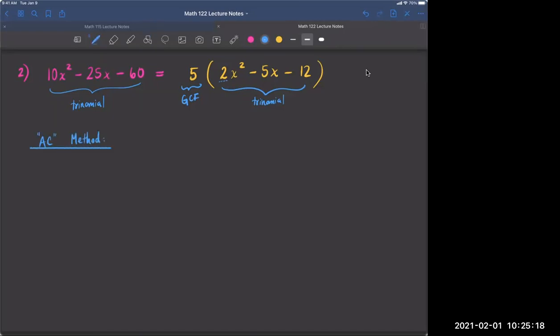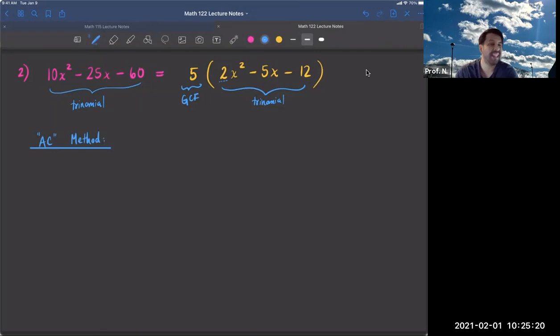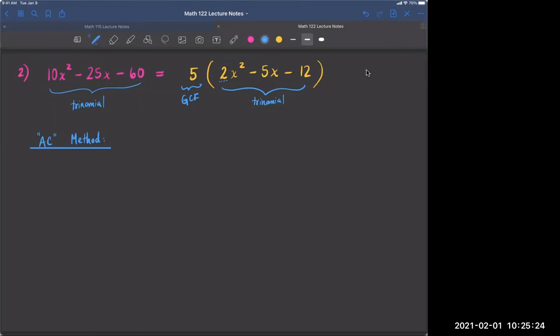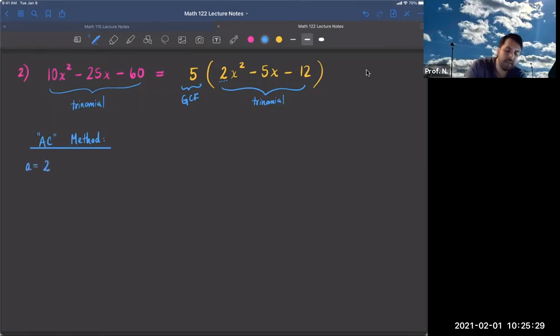You multiply 2 and negative 12. Right, yeah. So the A value here is 2, because where does the A value come from? It comes from this expression, ax squared plus bx plus c.